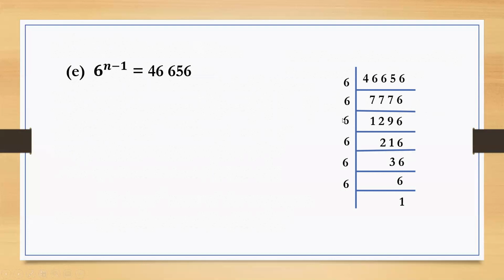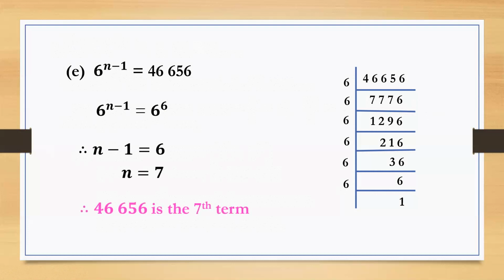So I have 1, 2, 3, 4, 5, 6. I need to divide by 6 six times to get 1. So 6 to the power of n minus 1 is equal to 6 to the power of 6. So equating the powers, we get n minus 1 equal to 6 and n equal to 7. So the 7th term will be equal to 46,656.